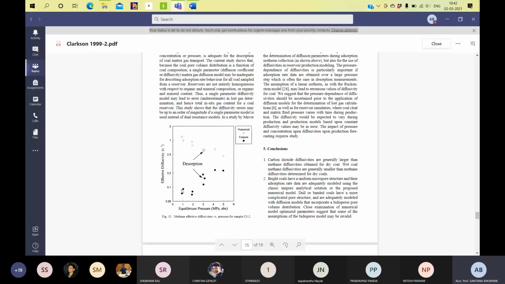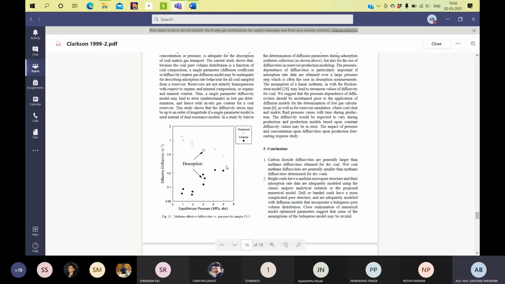And you can also see in this graph that the diffusivity is supposed to increase or decrease based on the adsorption and the desorption. You can see here for some particular diffusivities that sometimes it increases with pressure, sometimes it decreases with pressure. Whereas the numerical modeling shows that it is going to increase, in other cases it shows that it is going to decrease.